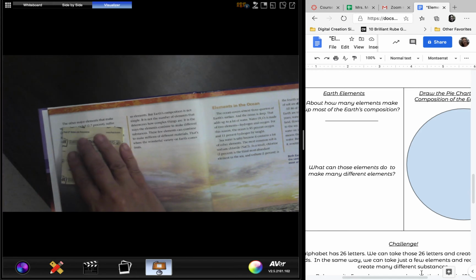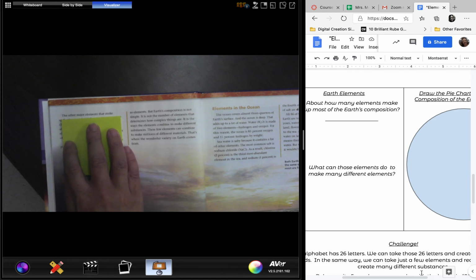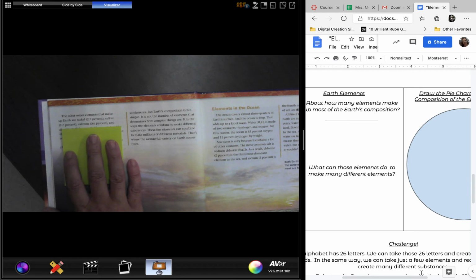Page 18. The other major elements that make up Earth are nickel, 2.7%, sulfur, 2.7%, calcium, 0.6%, and aluminum, 0.4%. The remaining 82 elements together make up a tiny 0.6% of Earth.